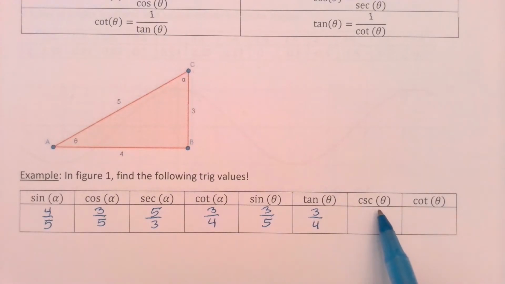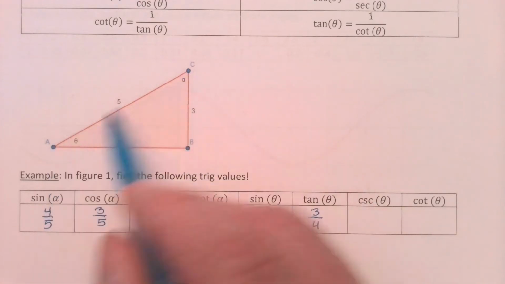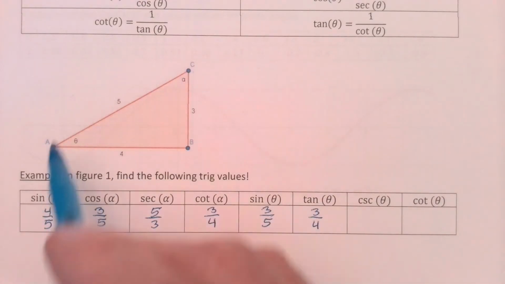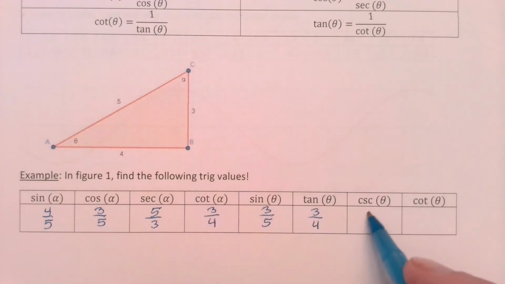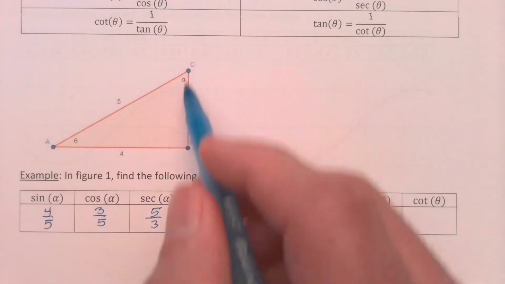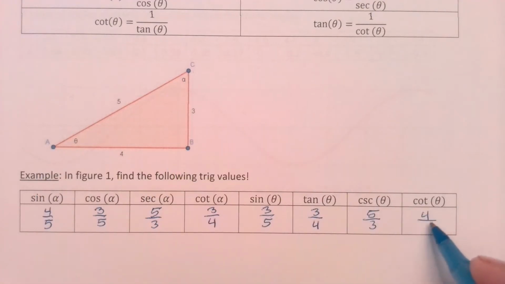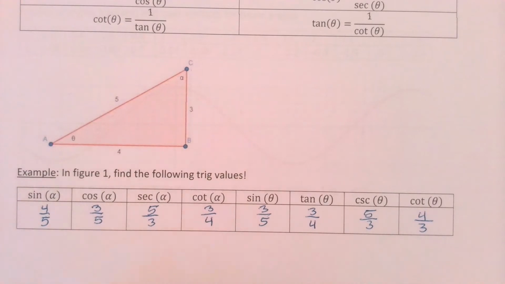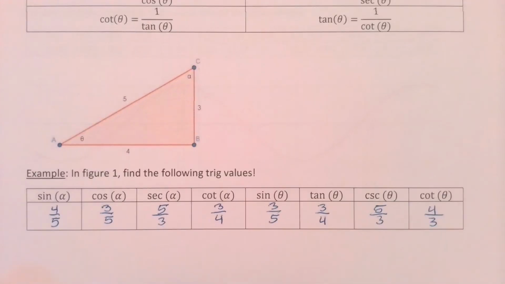Cosecant of theta is going to be just the reciprocal of the sine of theta. So sine is opposite over hypotenuse. Cosecant is hypotenuse over opposite, so that's 5/3. And finally, cotangent of theta should be adjacent leg over opposite leg. That's 4/3.